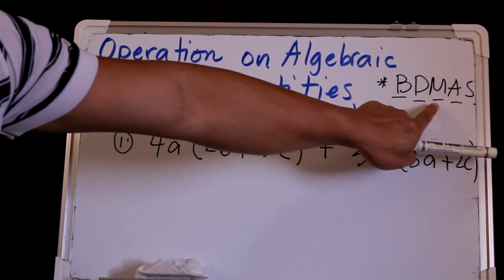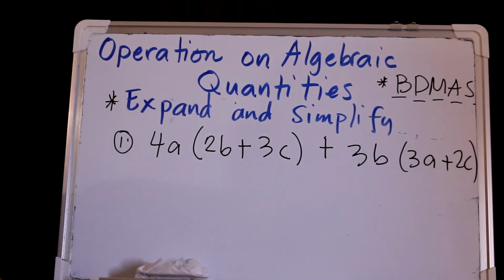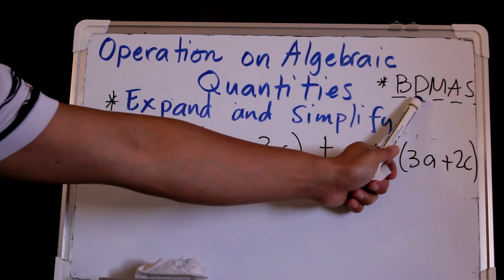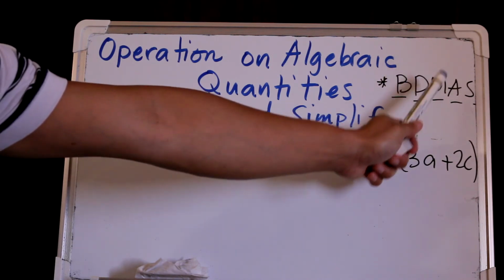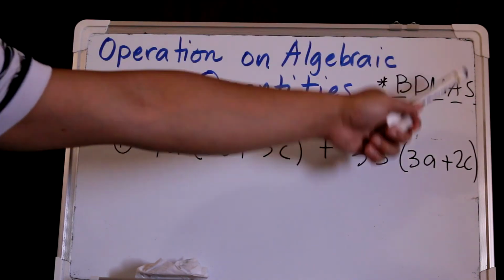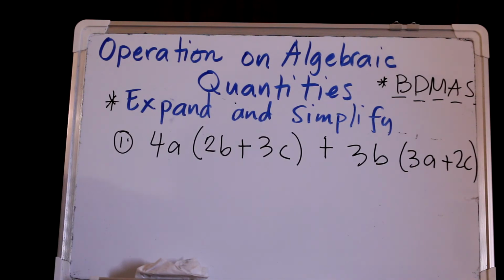Brackets, division, multiplication, addition, subtraction. So since it has brackets, we will start with the brackets. That's why we have to expand the brackets, and then later on we will do division if there is a division. If it doesn't have, then we'll go with multiplication, and if it doesn't have again, we'll go with addition and subtraction last. Alright?